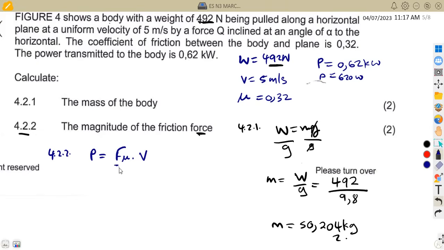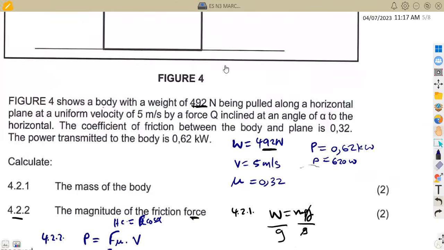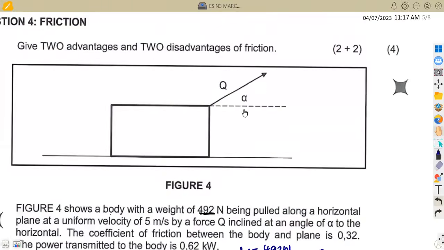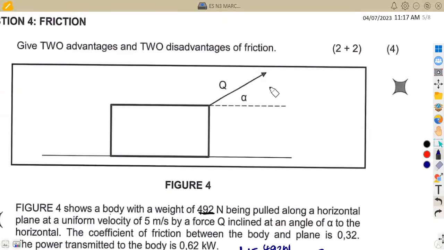In this case, it represents the horizontal component, which is Q cos alpha. Is it P or Q? This is Q, not F. So it's Q cos alpha, the horizontal component from this Q and alpha. We've got our horizontal and our vertical.